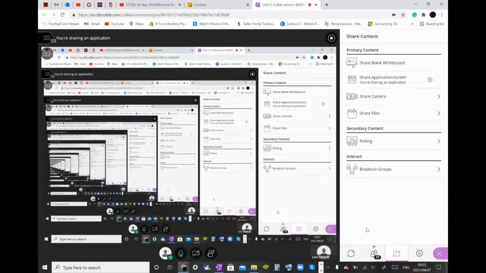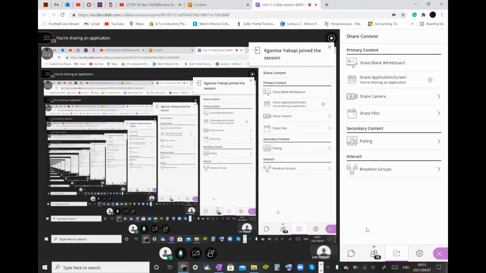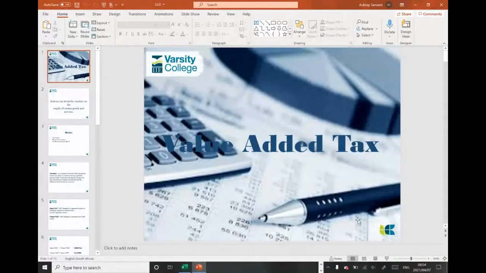We've played around with Unit 2 quite a bit. All the YouTube videos are there for Unit 1 and 2. And now we're stepping into Unit 3, and Unit 3, as I have highlighted to you guys, is about VAT, value added tax.